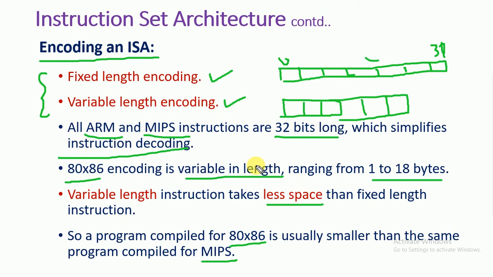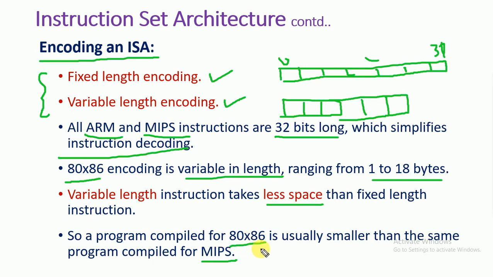So while doing compilation, they will only refer to those memory locations. But for MIPS, what will happen? For all the 100 instructions, it will be doing compilation on the 32 bits of each instruction. So automatically memory reference and compilation will take more time in the case of MIPS than the 80x86 processor.